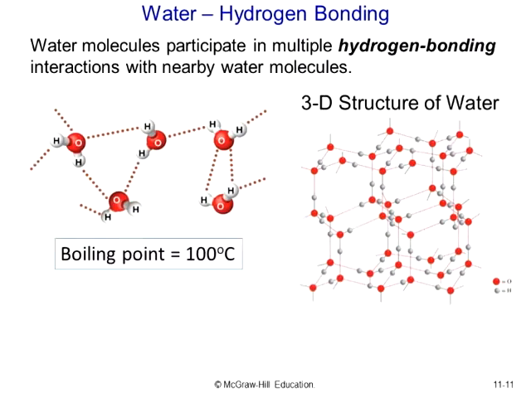Water molecules participate in multiple hydrogen bonding interactions with nearby water molecules. So water is basically a network of hydrogen bonds. And because we have this network of hydrogen bonds, it gives a boiling point of 100 degrees C. Hydrogen bonding tends to increase the boiling point of compounds.